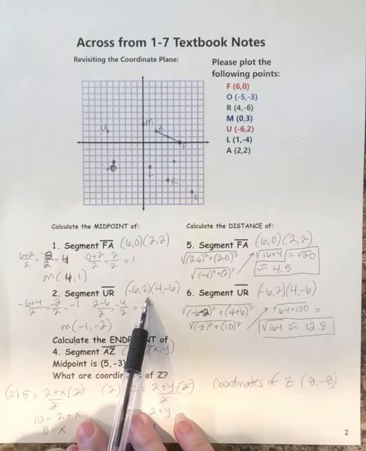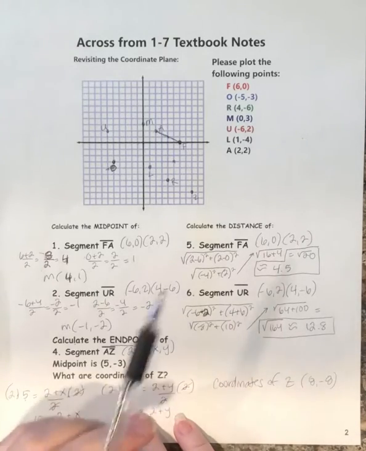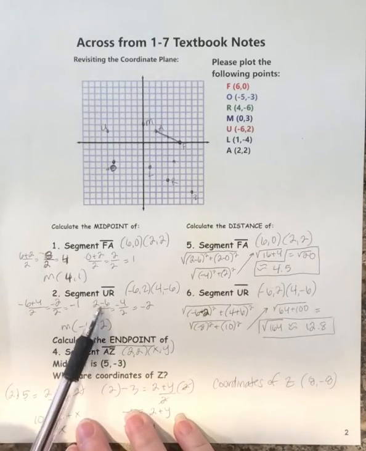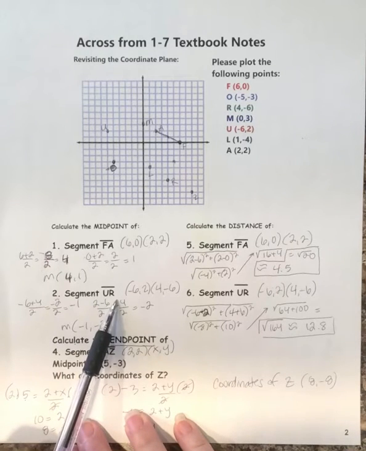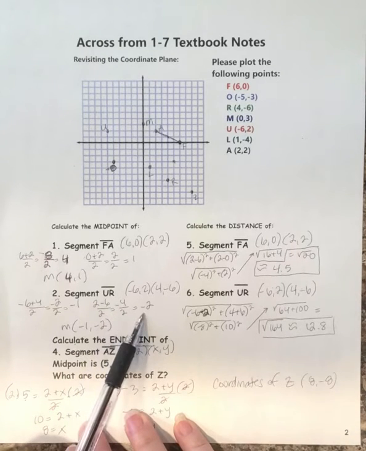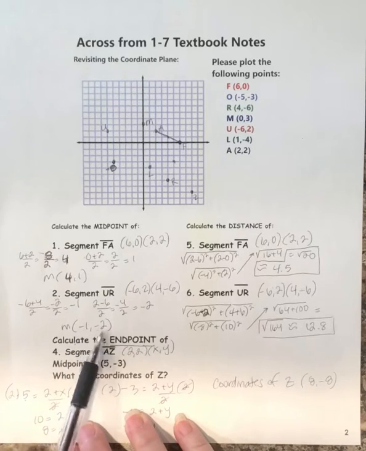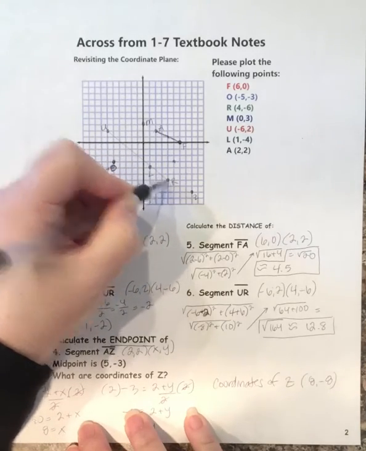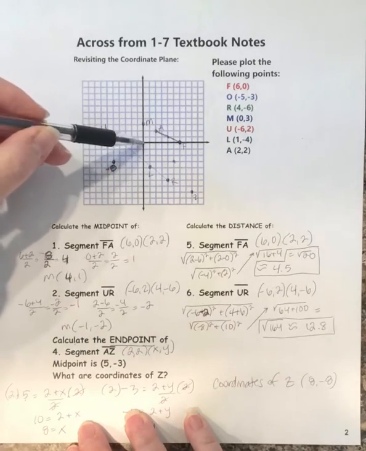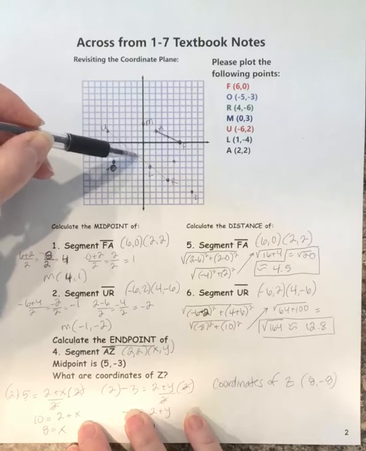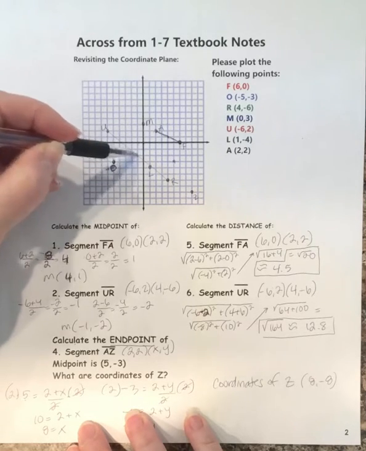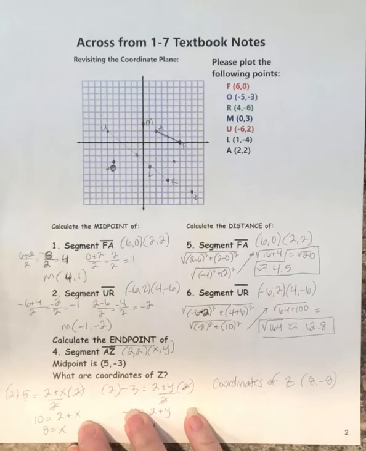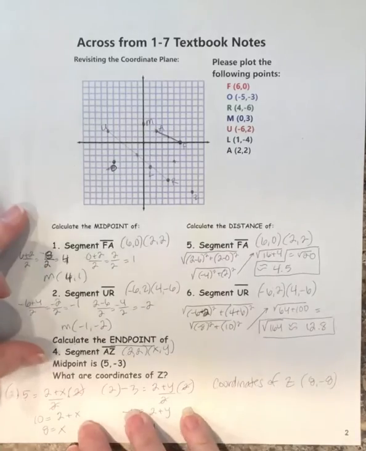And then 2 plus -6 is really 2 minus 6, which is -4, divided by 2 is -2. -1 and -2 would be my midpoint. And if I'm looking at segment UR right here, if my midpoint is -1, -2, I'd be right about there. So I at least know that my answer is reasonable because that point could fall on the line and it looks like it's pretty much right in the middle.